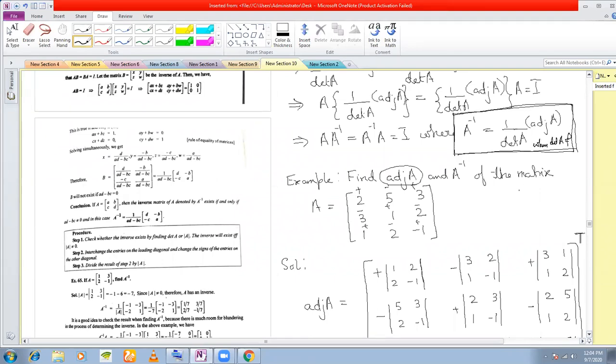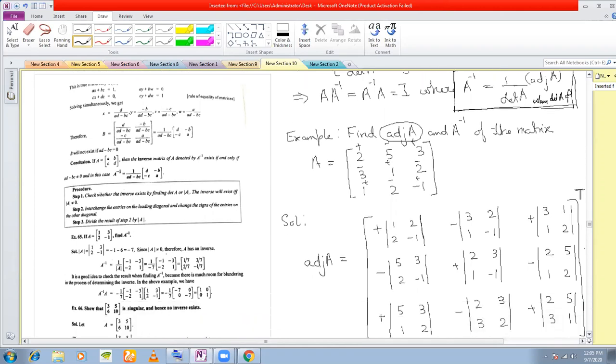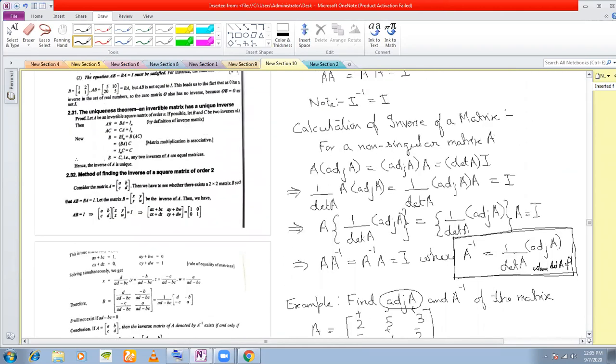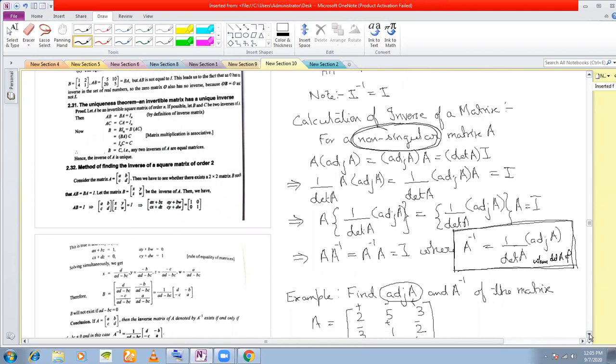If the determinant of a matrix is equal to 0, then you will not be able to find the inverse. This relation holds only for a non-singular matrix. Only when the determinant is not equal to 0 can you find the inverse of a matrix.